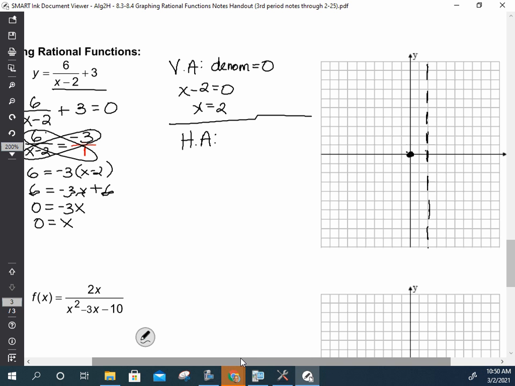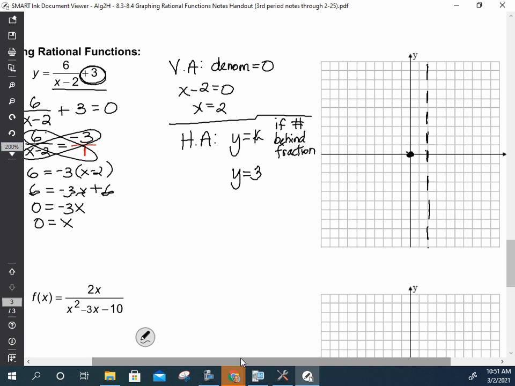Horizontal asymptote. That's y equals k if you have a number sitting behind a fraction. Remember, if you have a number sitting behind a fraction, that's your horizontal asymptote. So that's y equals 3.